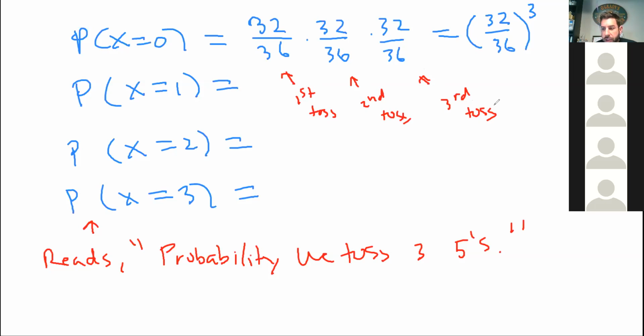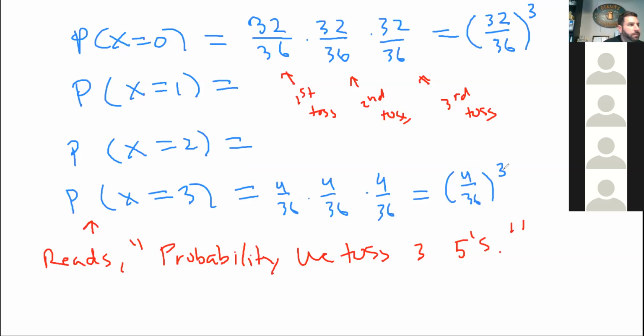Now, using that symmetry argument, we can easily do the probability that I get 3 5s, because that's going to be the opposite. The probability of getting a 5 is 4/36. So this is 4/36 times 4/36 times 4/36, which is (4/36) to the power 3.